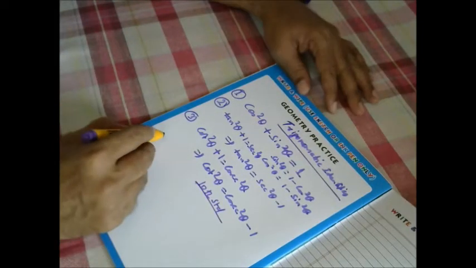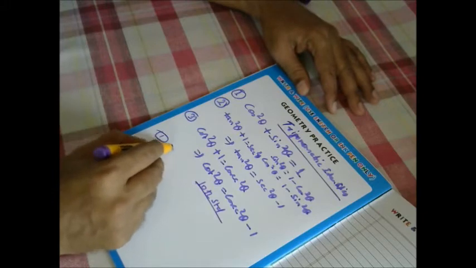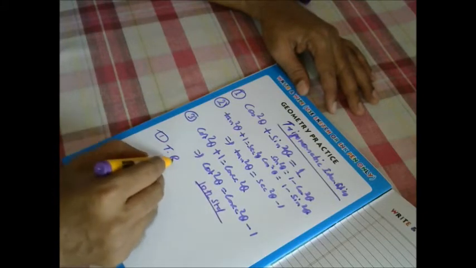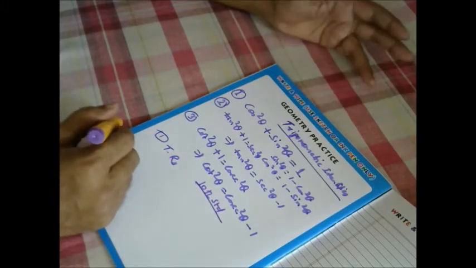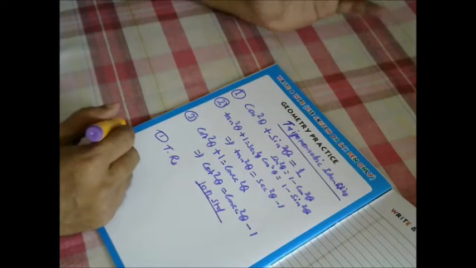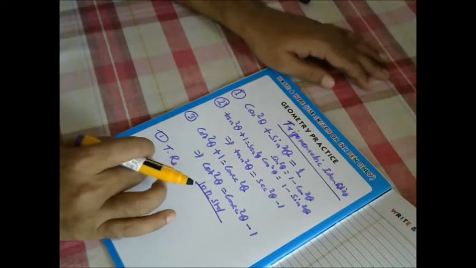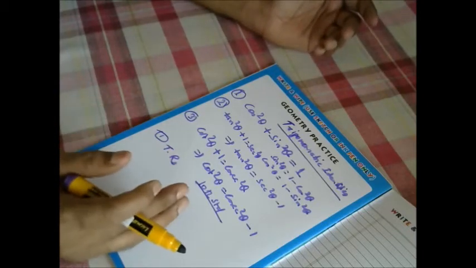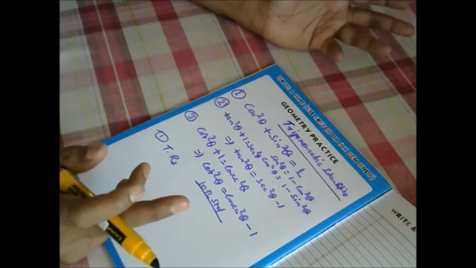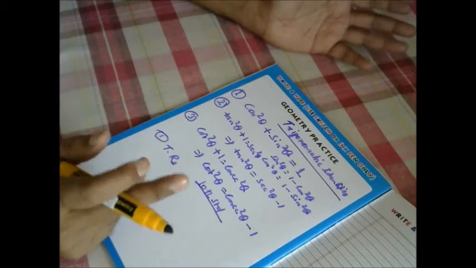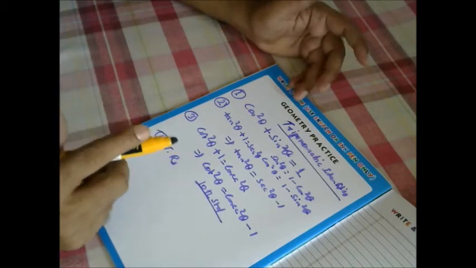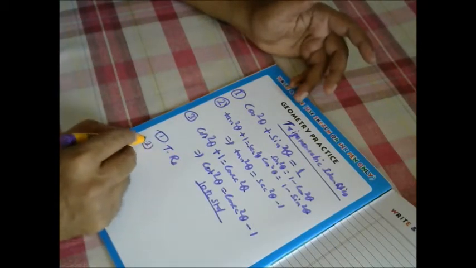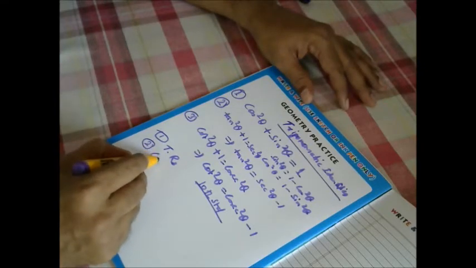What are the things there? First, trigonometric ratios: sin theta, cos theta, tan theta. With the help of opposite by adjacent, or opposite by hypotenuse, adjacent by hypotenuse, we have to solve it. Second, we need to find complementary angles.